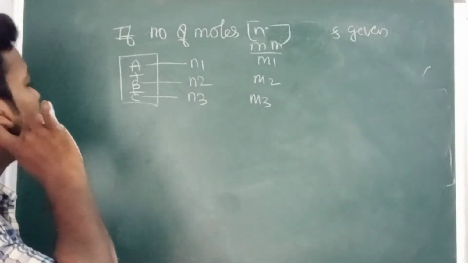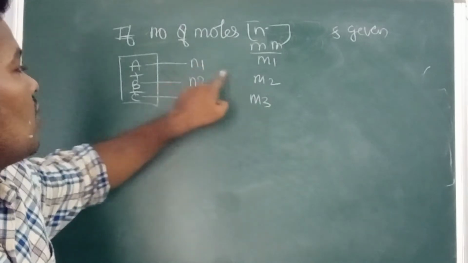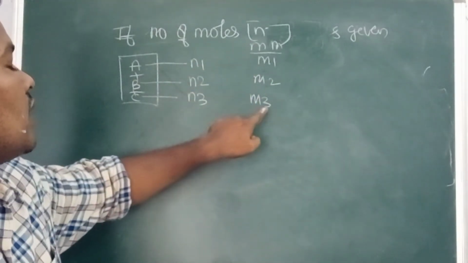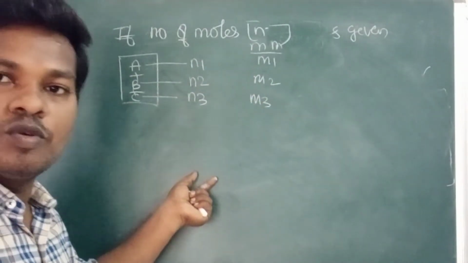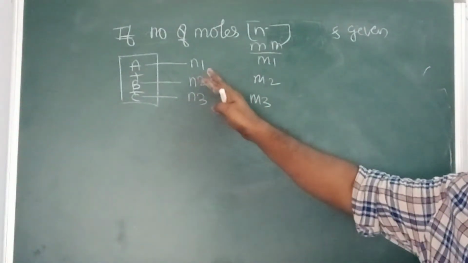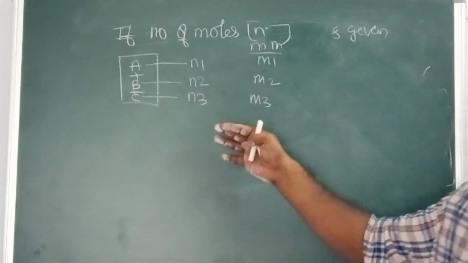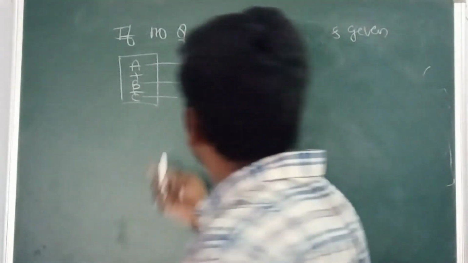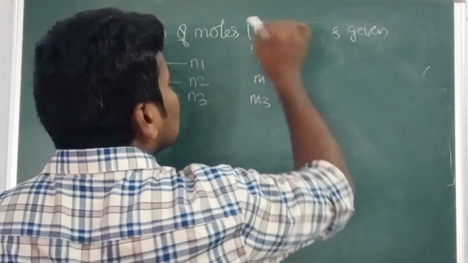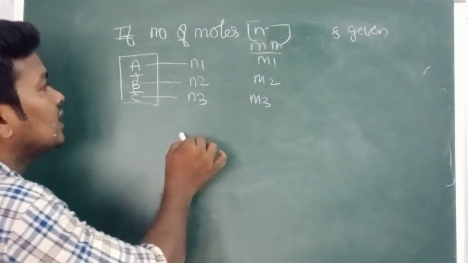Now what we have to do? Generally we will go with the formula M1 into N1, M2 into N2, M3 into N3 by 100. But I want to know what N1 is. N1 is nothing but the number of moles. How will you calculate it?